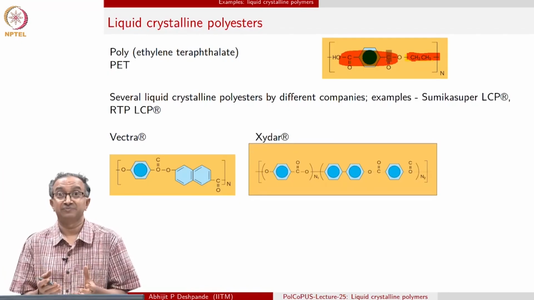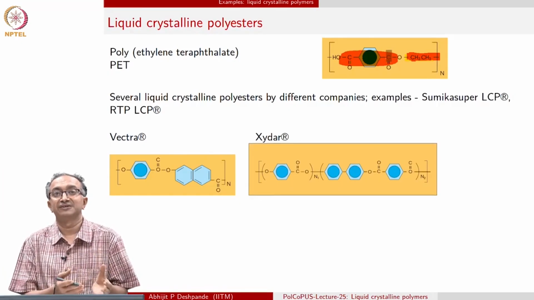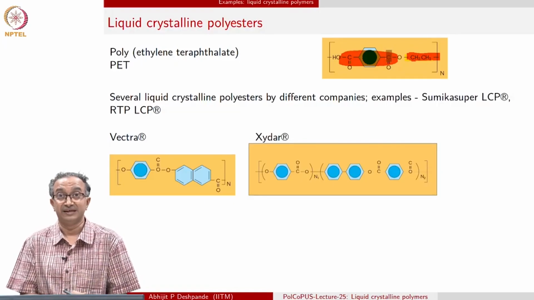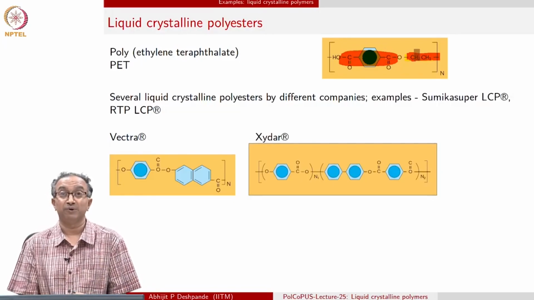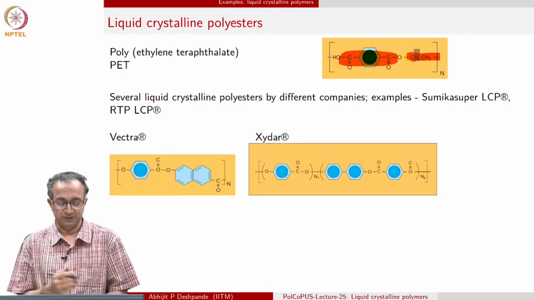So, PET already has molecular rigidity much higher than polyethylene. However, still because of the ethylene groups, the CC bond being present, bond rotation around that is possible.